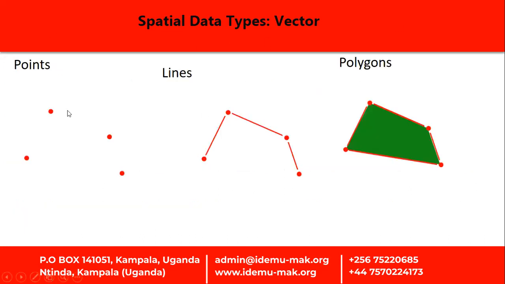So these are all types of vector data. Like you can see, this is the point, that is how it looks like. And when they are combined together, they make the lines. And when these are combined together, they make the polygons.